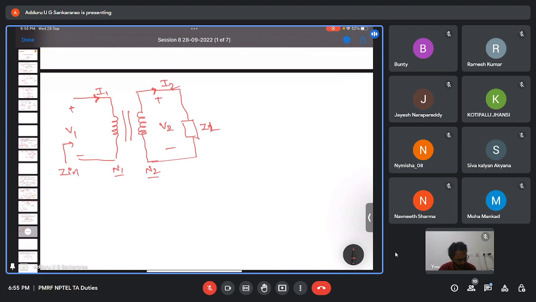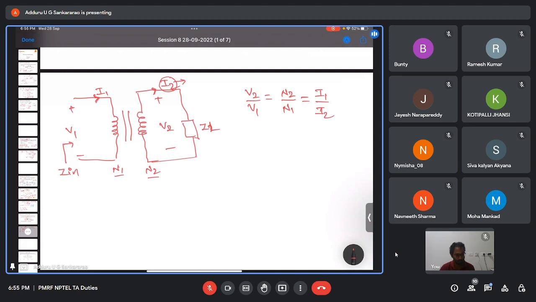You might have seen this for a transformer: V2 by V1, voltage across secondary by primary, is equal to N2 by N1, and this is equal to I1 by I2. Here the condition is that I2 is the current leaving from the secondary.